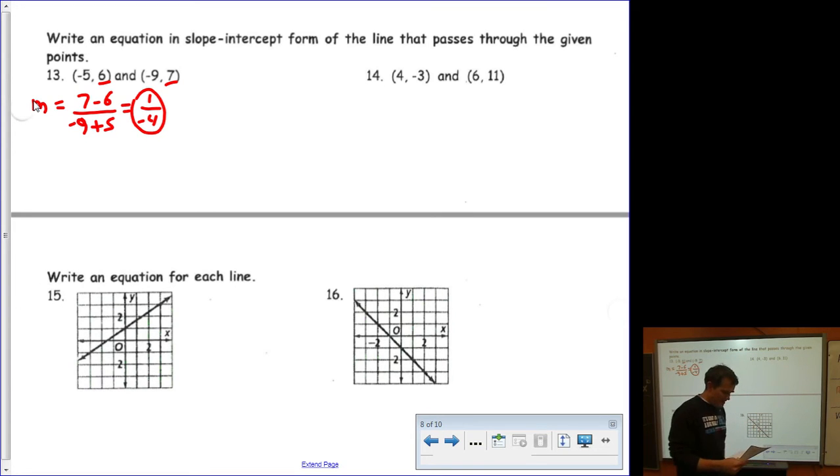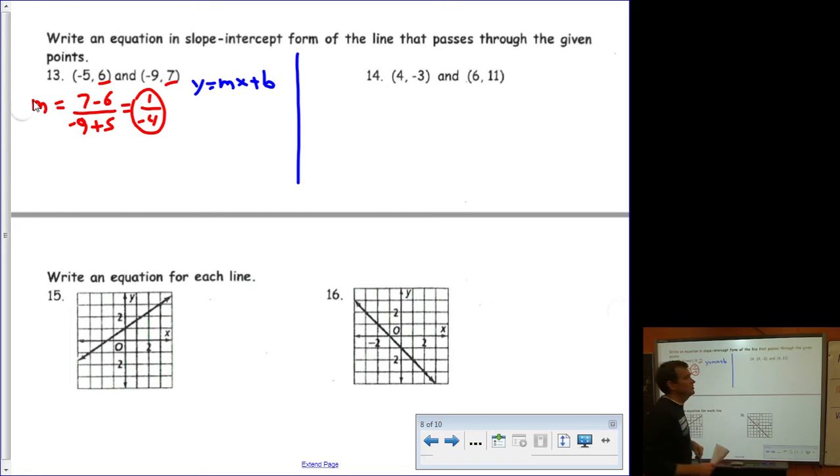Next, I need to find the y-intercept. To find the y-intercept, I use y equals mx plus b, and I substitute numbers in. I'm going to put this ordered pair in. So it would be 7 for y, -1/4 for m, -9 for x, plus b.